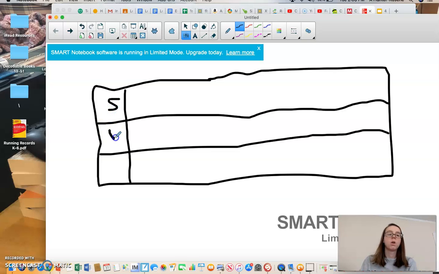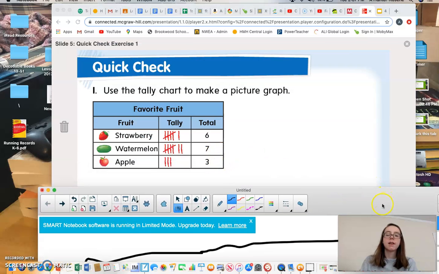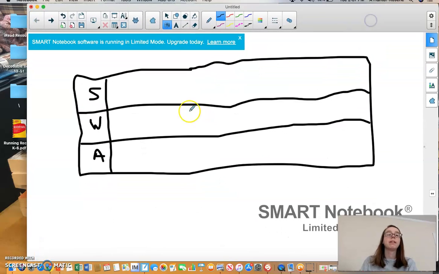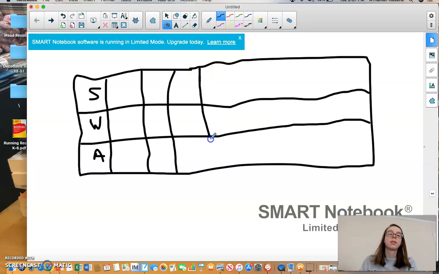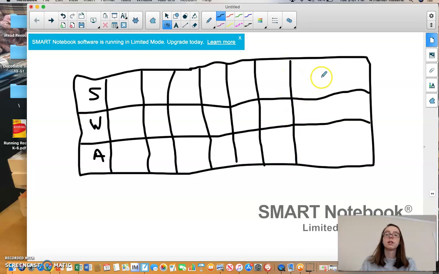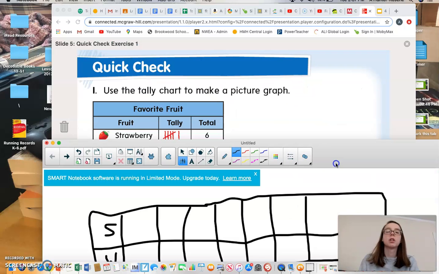The biggest number I have is 7, so I have to make sure that there's at least 7 boxes. So 1, 2, 3, 4, 5, 6, 7.